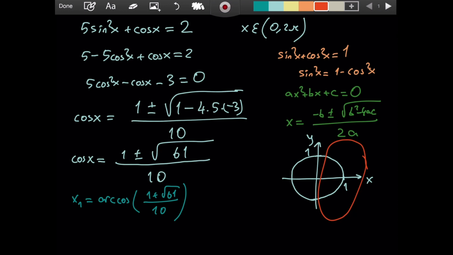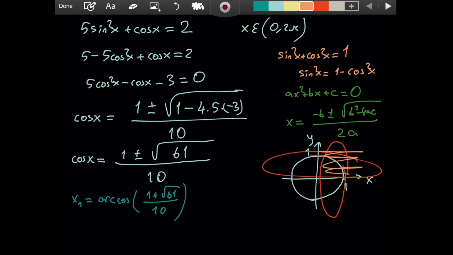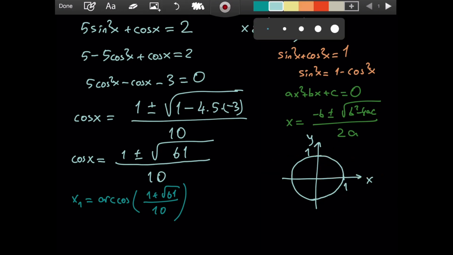And if you know something about the domain of the arc cosine function, the inverse cosine, you know that it only gives values in this interval, from 0 to pi. So if we look at the intersection, the cosine is positive, so we should get something in there. And since the domain of arc cosine is like this, the intersection is the first quadrant. So this is going to give an angle that is in the first quadrant. Maybe it is like this.